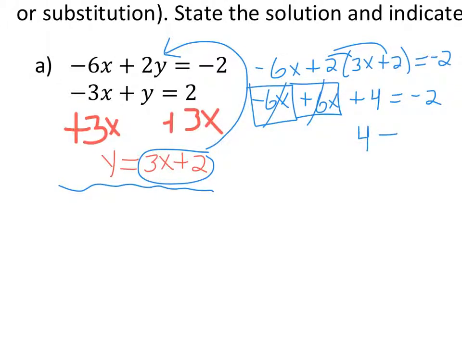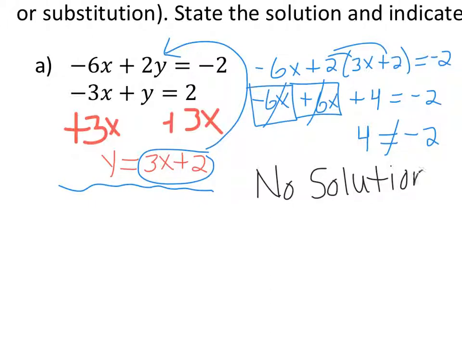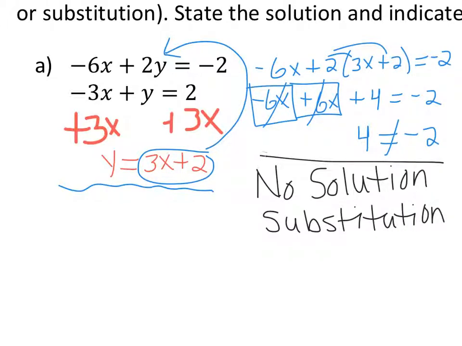I'm left with 4 equals -2. As you know, 4 does not equal -2, which means I have no solution. And again, I'm going to indicate the method I chose to use, in this case, substitution. So you want to use substitution when you have x or y with a coefficient of 1. You don't have to. It's just sometimes a little easier.